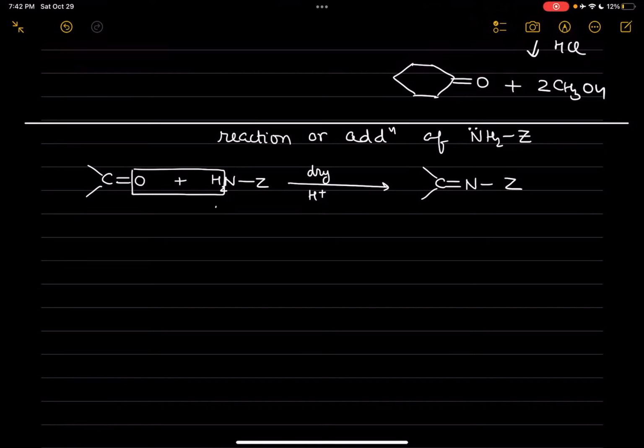And depending upon the Z, this compound will have a certain name, and accordingly the name of the product will be written.